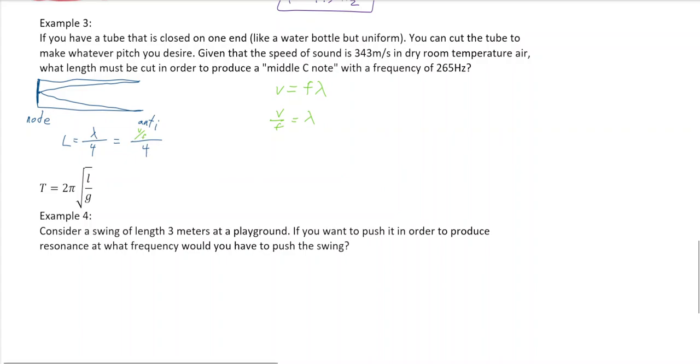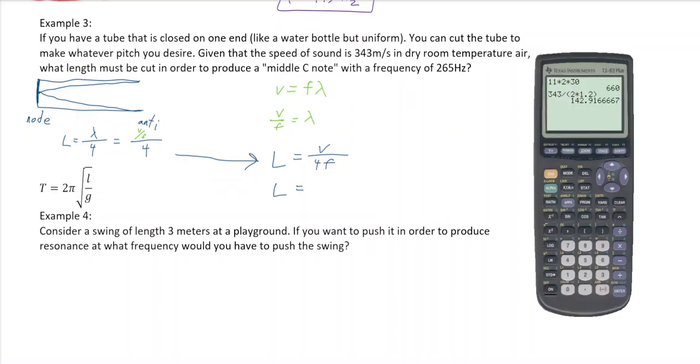So there's our equation. I'll just rewrite it out over here. So L equals, and actually the F can go right to the bottom, so V over 4F. So L equals, and now we can plug this in, 343 divided by bracket 4 times the frequency, which is 265, and so we get 0.323.